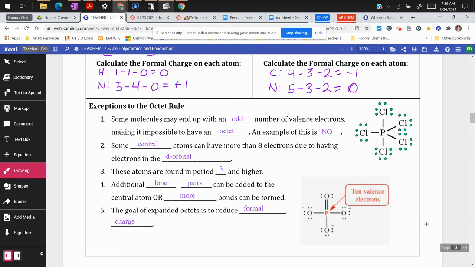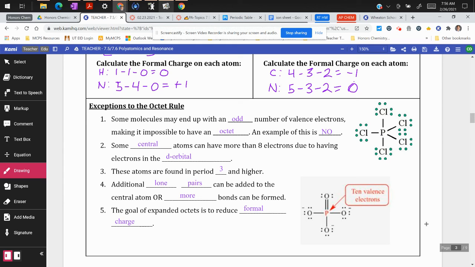As a reminder from the beginning of our lesson, some of our central atoms can have more than 8 electrons due to having extra electrons in the d orbital. Those elements, when they are the central atom, are in the third period or higher. We know that additional lone pairs can be added to those central atoms, or more bonds can be formed.